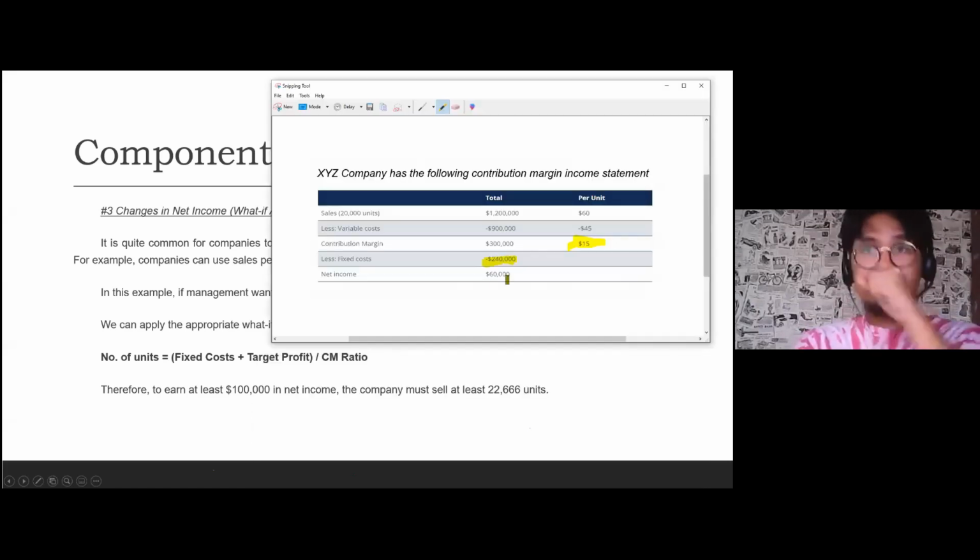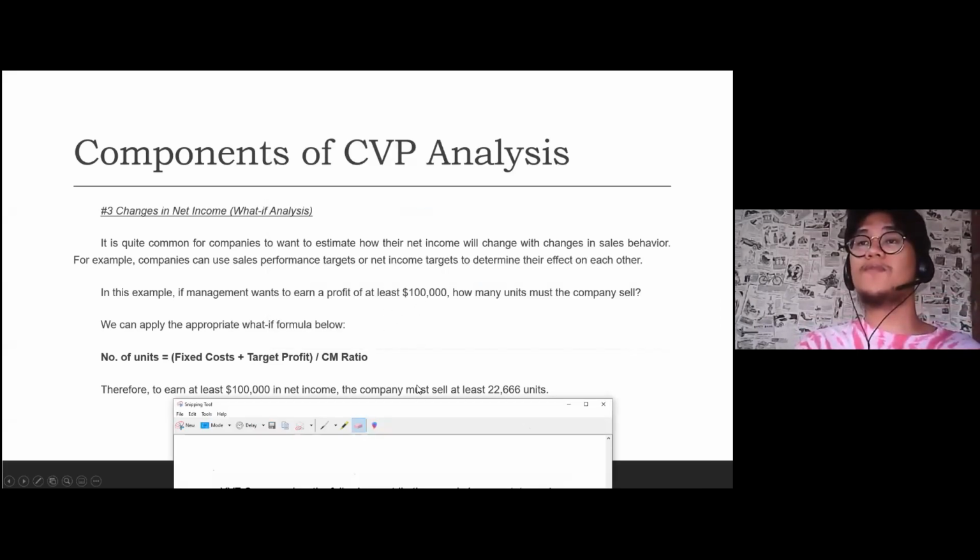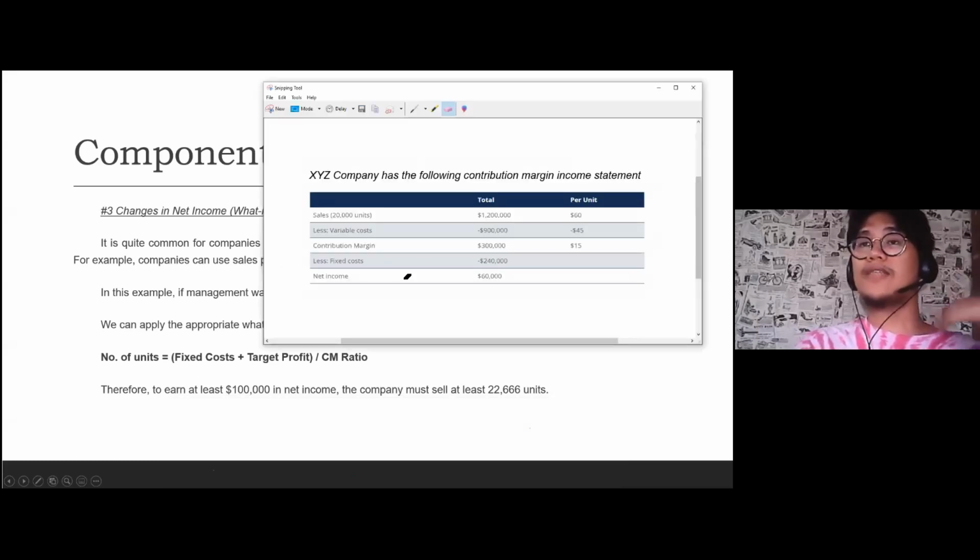So para makumpute natin yung number of units, we add your fixed cost to the target profit, which is your 100,000, divided by your contribution margin ratio. Okay? So ano yung fixed cost natin dito? Fixed cost natin is your 240,000. Tama? 240,000 plus your target profit, no?